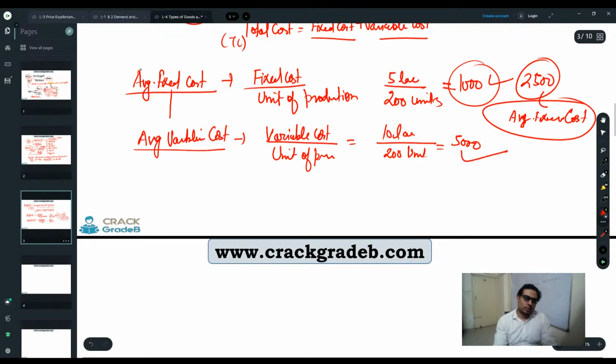Good. So whenever you have to find the average cost, if they are asking average fixed cost, then fixed cost upon unit of production. Average variable cost, then variable cost upon unit of production.